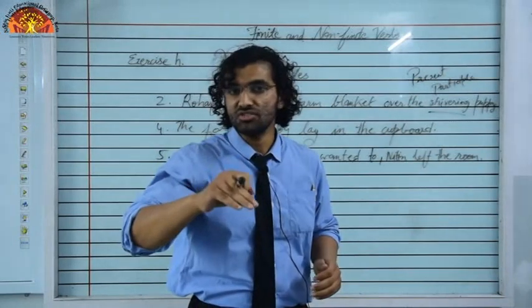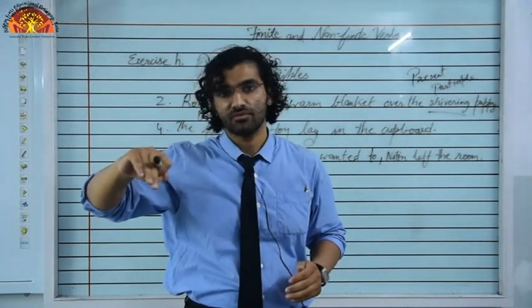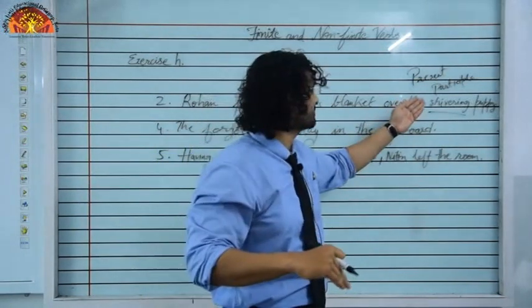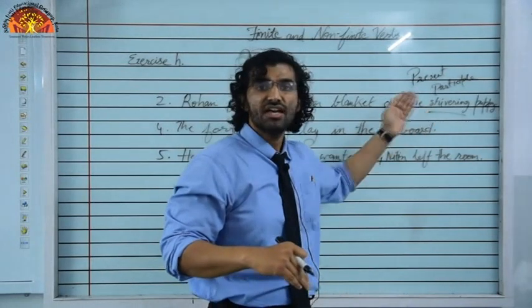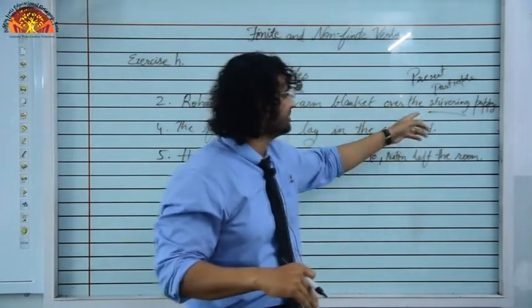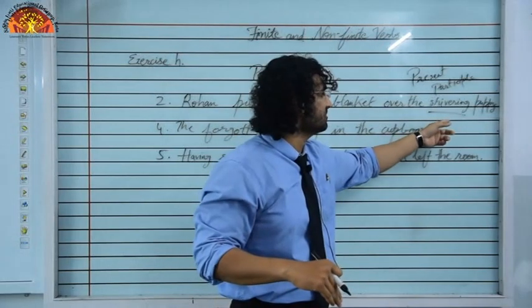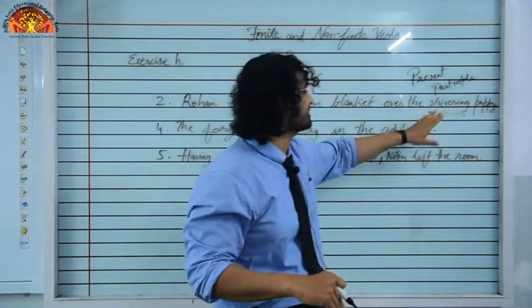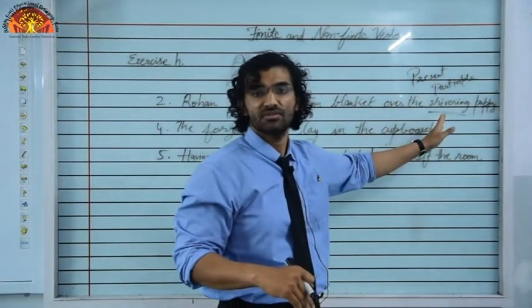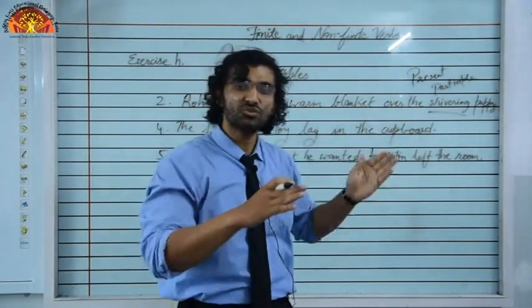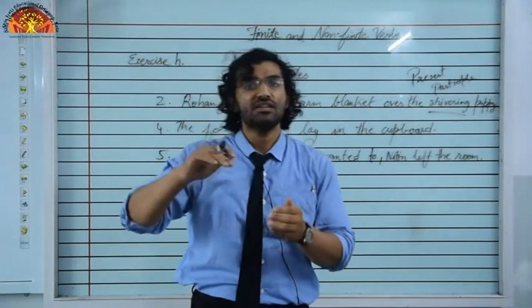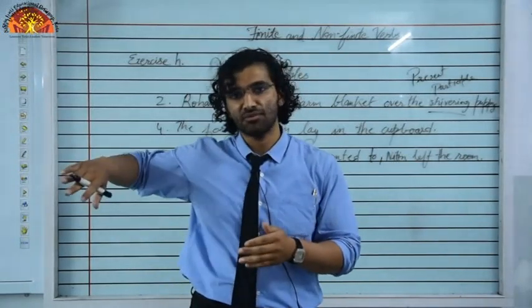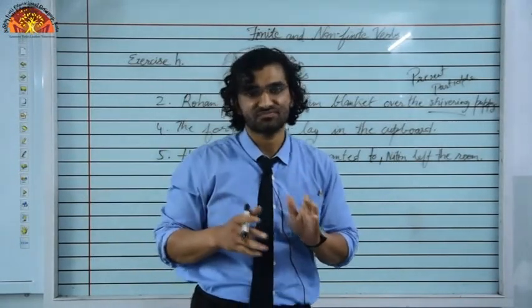Gerund is used as a noun, while the present participle is used as an adjective. See, this shivering has been used for this puppy, and puppy is a noun, which makes it an adjective. So present participles are used as adjectives while gerunds are used as nouns. This is the difference between the two.